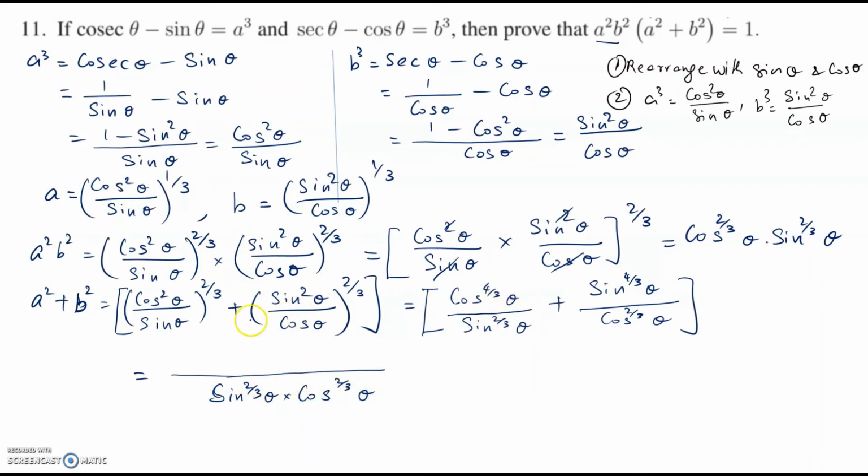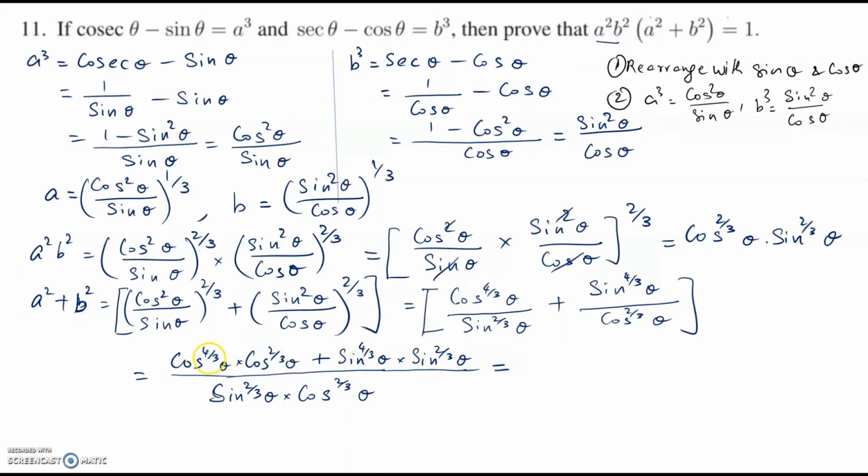Our numerator now will become cos to the power 4 by 3 theta into, the denominator here being cross multiplied, cos to the power 2 by 3 theta, plus sin to the power 4 by 3 theta into, this denominator cross multiplied, sin to the power 2 by 3 theta.